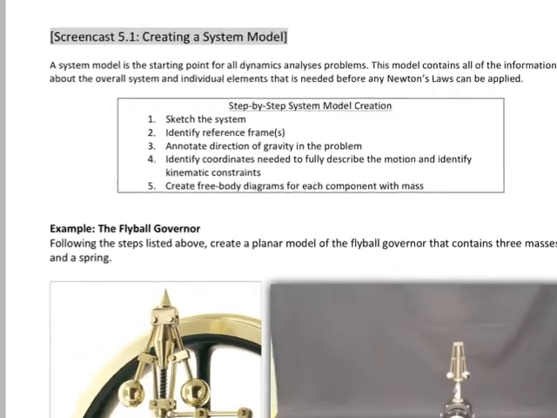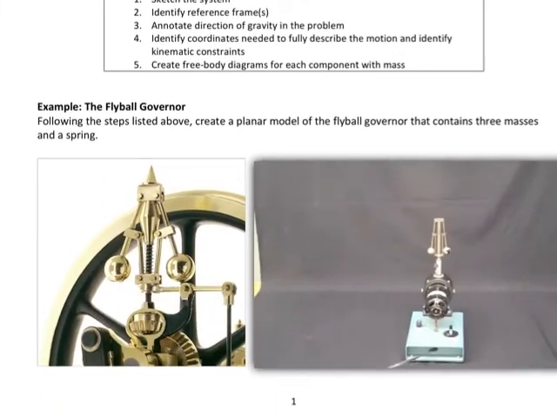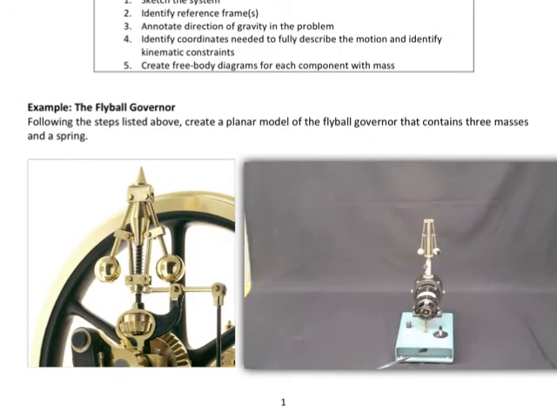So let's take a well-known system, the Flyball governor, and let's apply this systematic process for developing our system model to this particular system. And what a Flyball governor is, it's a simple mechanical controls mechanism in which we have 3 masses. We have 2 masses that are our centripetal masses, and then we have a mass at the bottom.